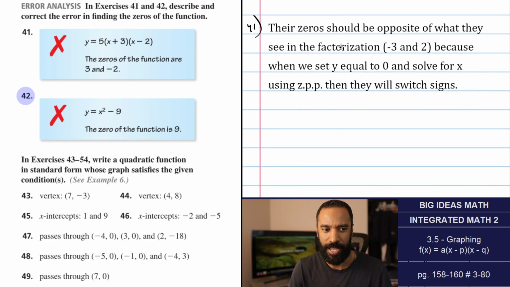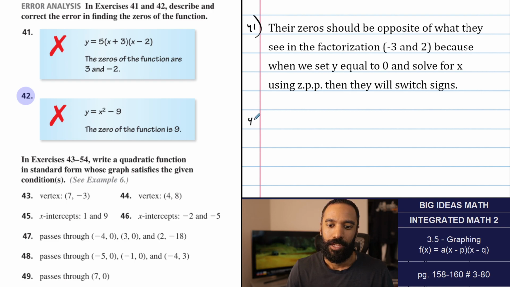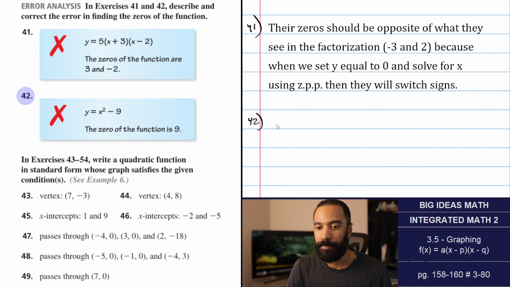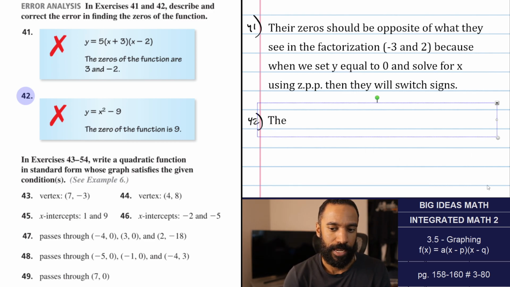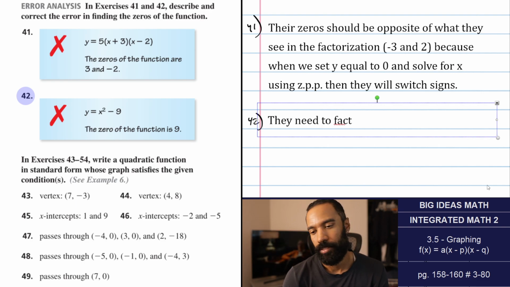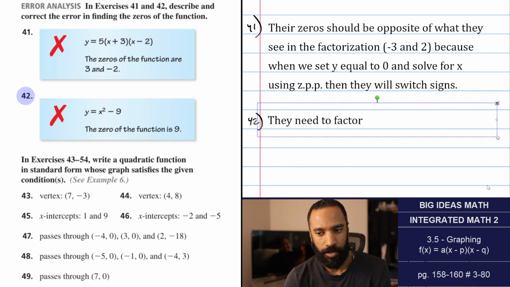Y equals x squared minus 9. The zero of the function is 9. No, it is not. You're not solving for x, you're solving for x squared right now. They go to 0. They need to factor. There's another way to solve, but we're not doing that right now. It's solving using square roots.